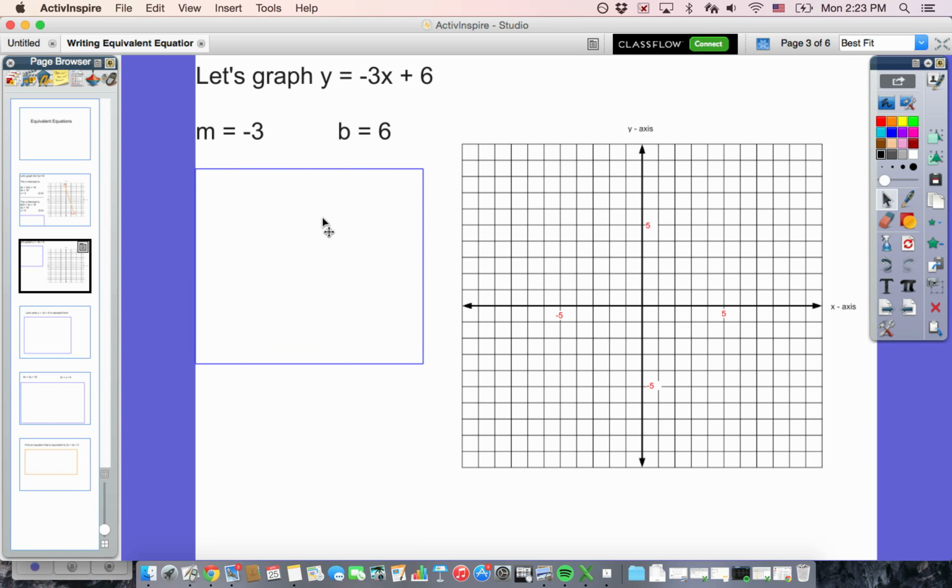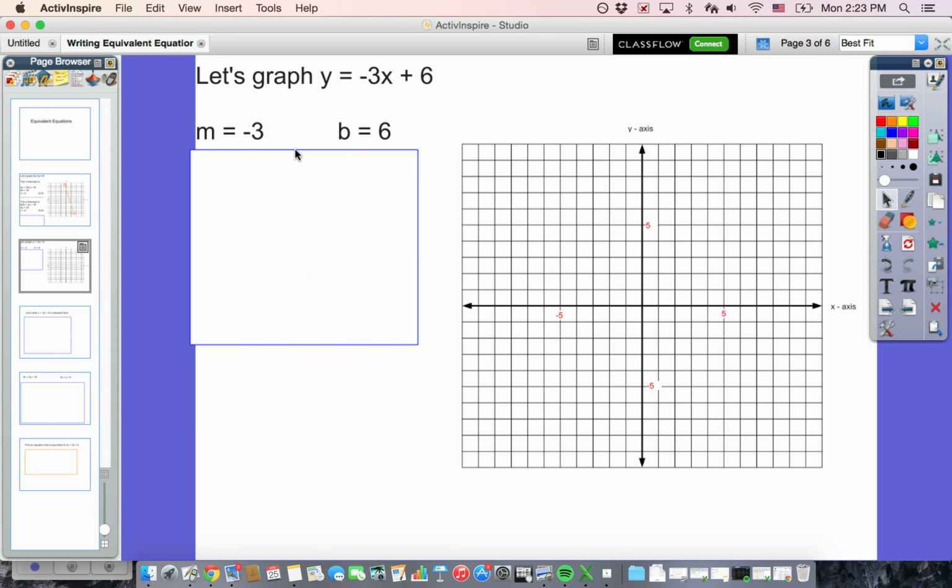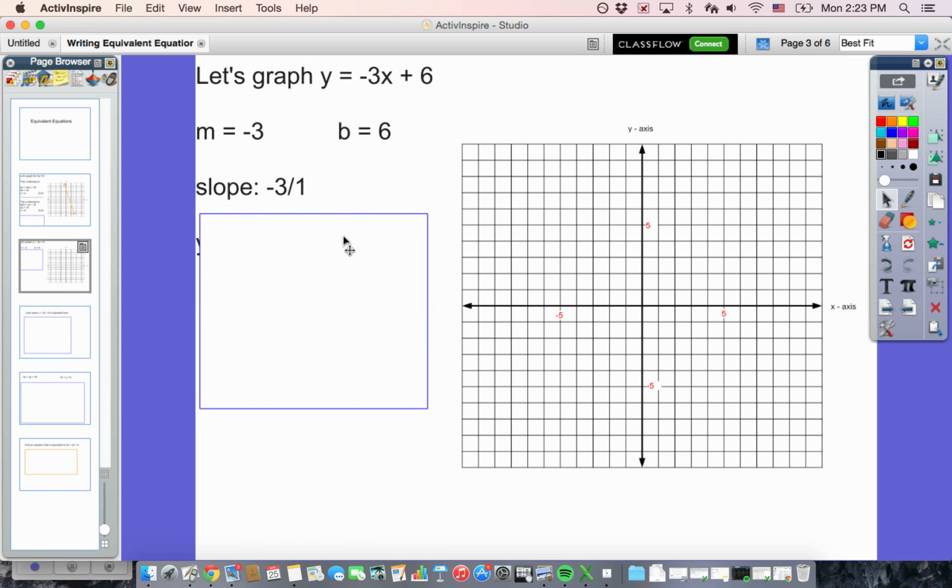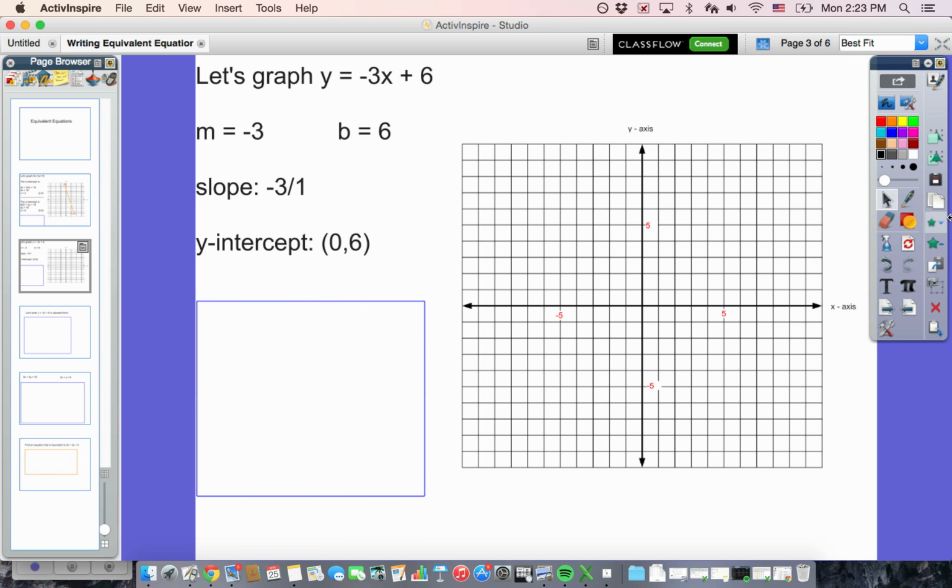Here we know that m equals negative 3 and b equals 6. So our slope is negative 3 over 1, which means y is going to decrease by 3 for every 1 that x increases by. And our y-intercept is (0, 6).